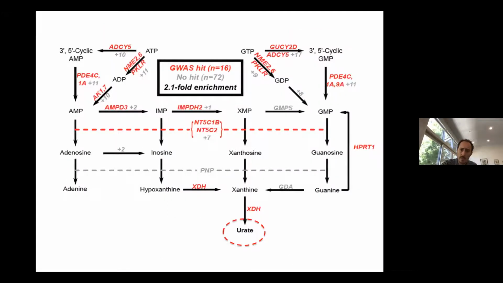Secondly, we do see enrichment in the biosynthesis pathway. All of the gene names that are marked in red also have genome-wide significant hits nearby. In gray, we indicate a number of other genes that are annotated here that don't have hits. And here there is a significant enrichment.